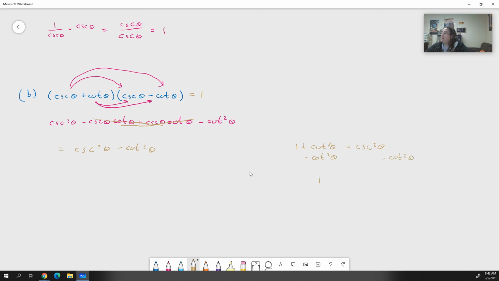And we get that 1 equals cosecant squared theta minus cotangent squared theta, which is exactly what we have over here, so that we can say that equals 1, right, by Pythagorean identity.